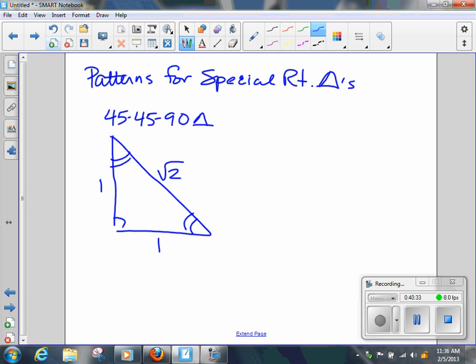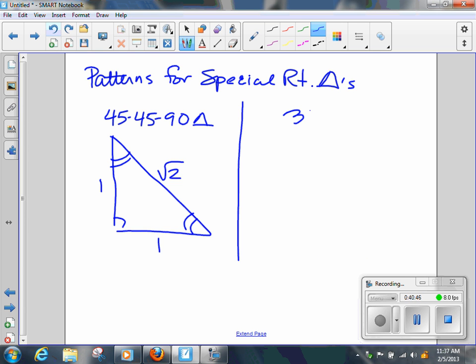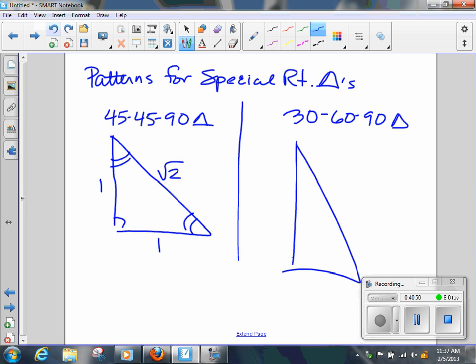The pattern for the 30, 60, 90 triangle, and again, this is all in your notes.